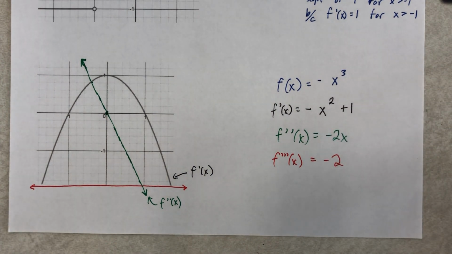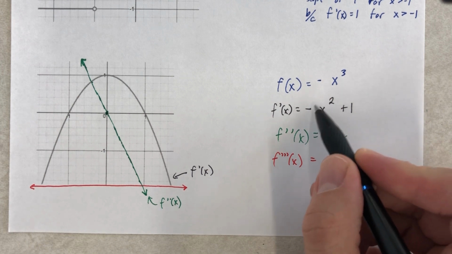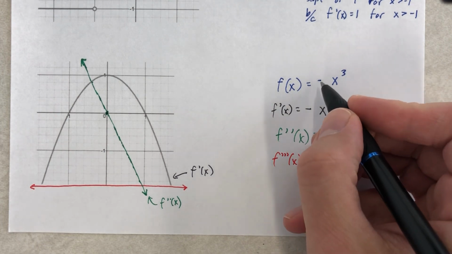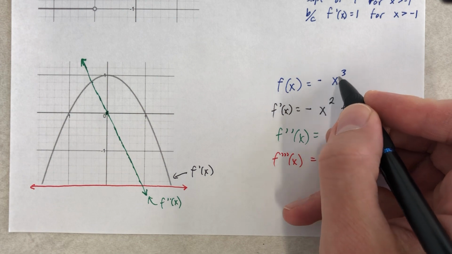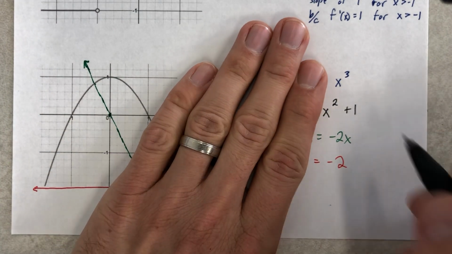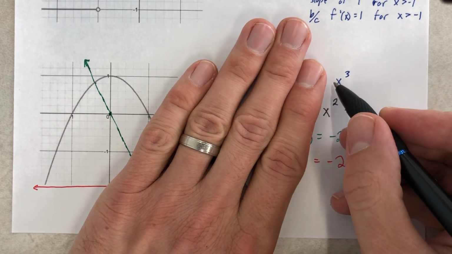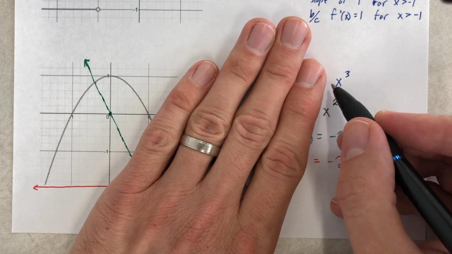So here's the deal. If I took the derivative of this, I'd get that term. So negative something times 3 gives me negative 1. Let's just ignore the negatives for a second. Something times 3 gives me 1. What times 3 will give me 1?